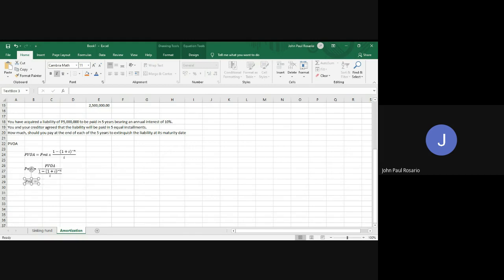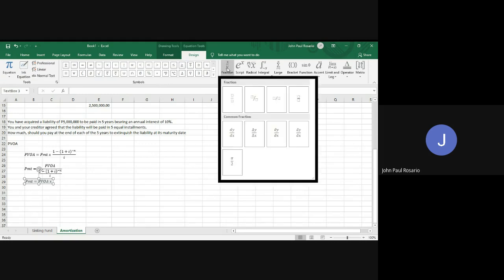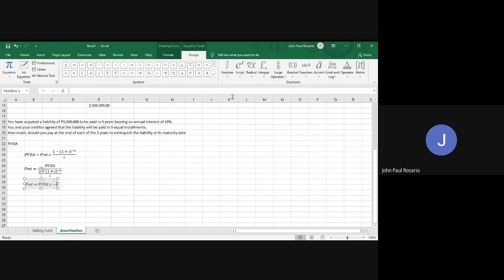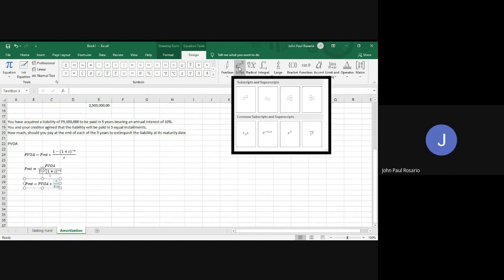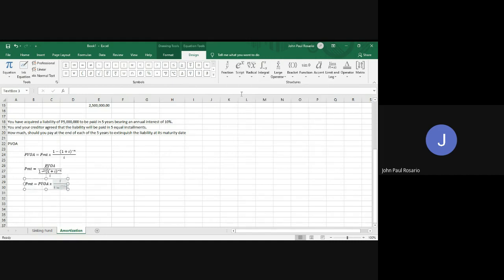That will become PVOA multiplied by the inverted denominator, so it will now become i over 1 less 1 plus i raised to the power of negative n.